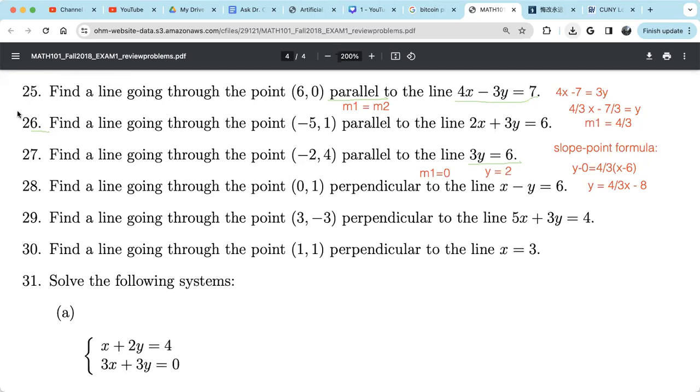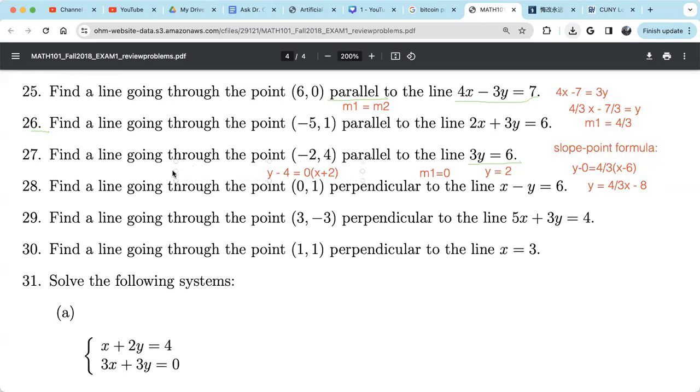So then we can still use the point-slope formula. So y minus 4 equals 0 times x minus negative 2. Well, x minus negative 2 is x plus 2. Okay, well, what is that? 0 times anything would be 0.